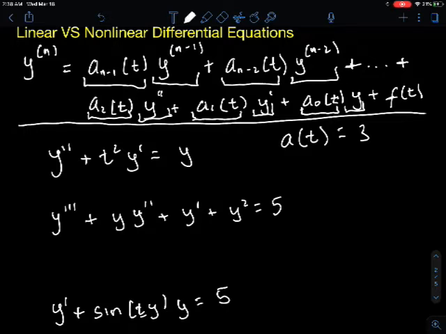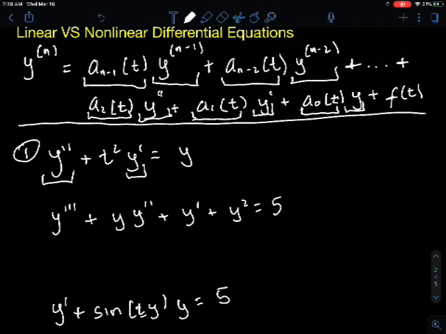So let's go for the first example here. Let me erase this. In the first example we have y double prime plus t squared y prime equal y. We have y double prime, a term that has a constant 1 next to it, so this one is fine.